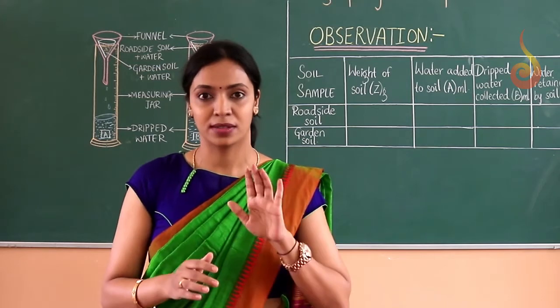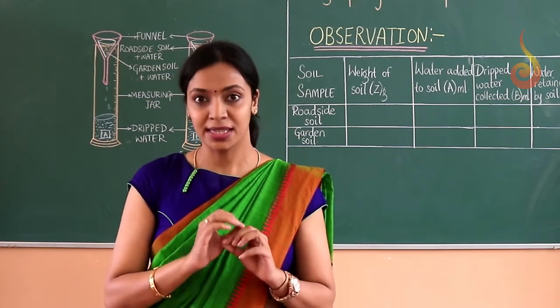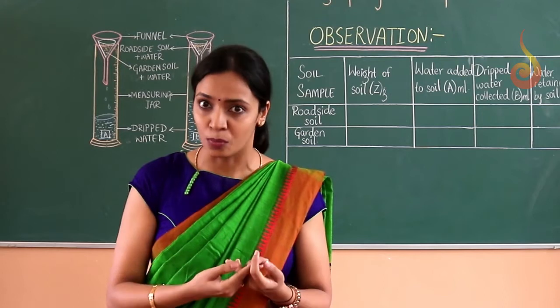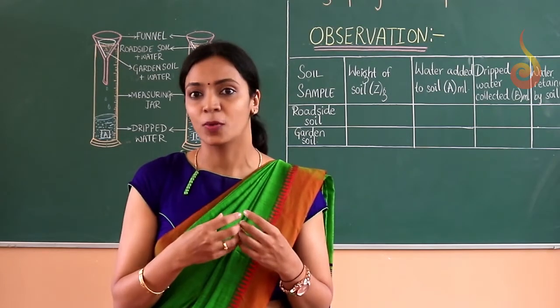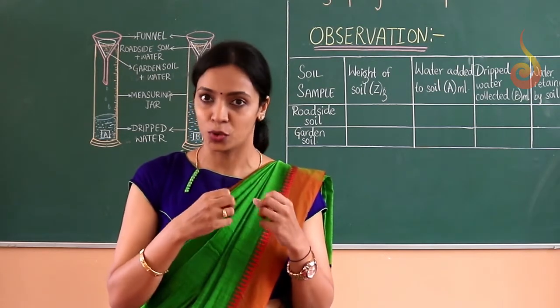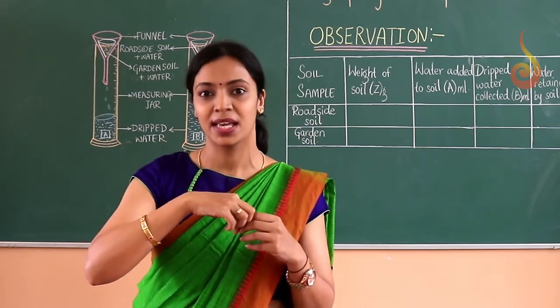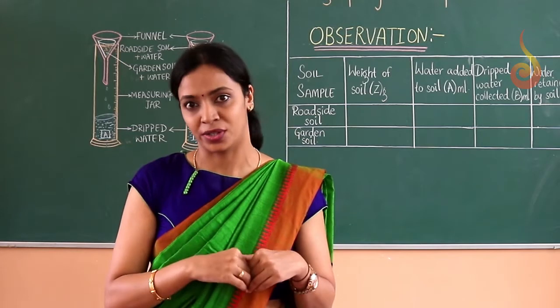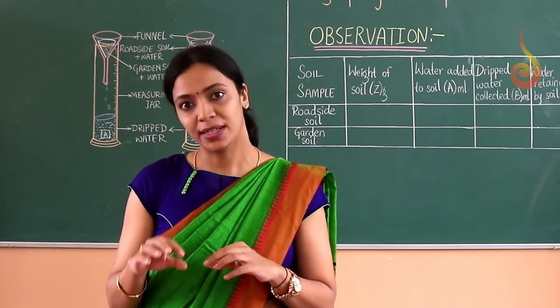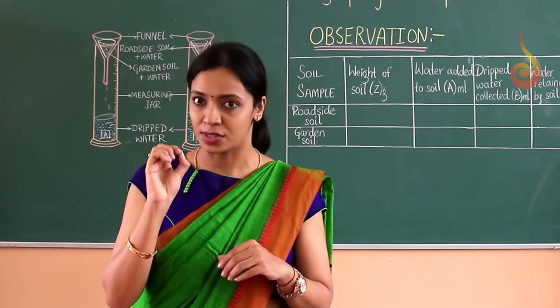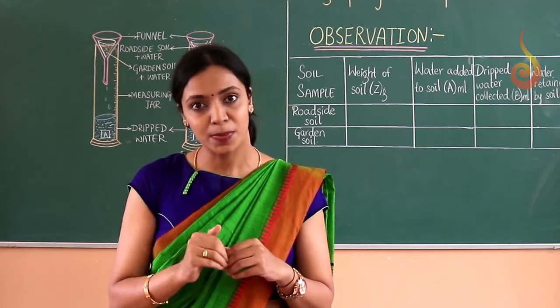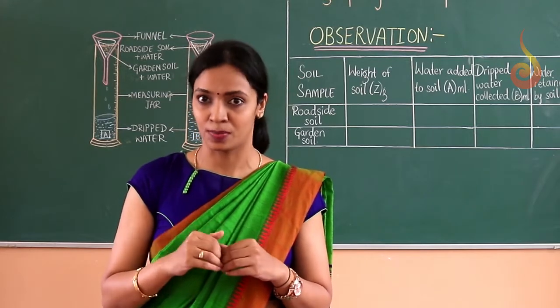Now, if you look at sand and clay, in the sand, because the spaces are more, the soil will not be able to hold on to much water, and the water will percolate down within the soil spaces and reach the lower layers of the water table. Whereas when you look at clay, the soil particles are small and the spaces between the soil particles are also small.